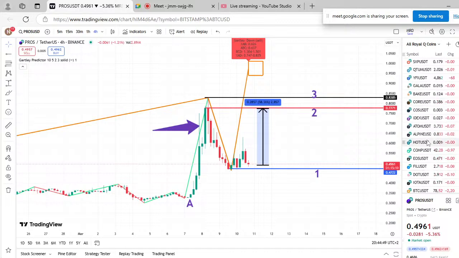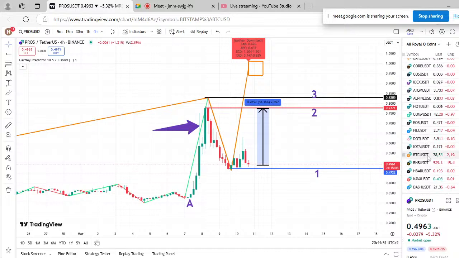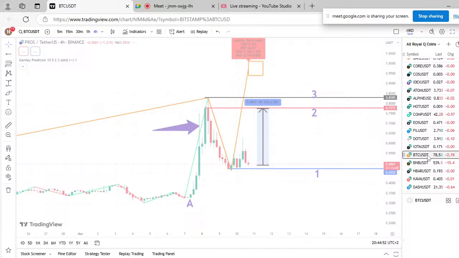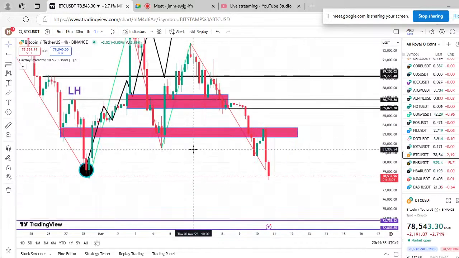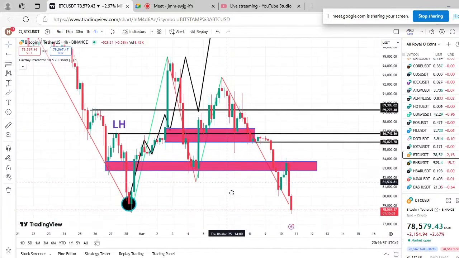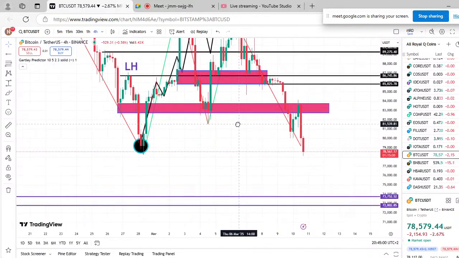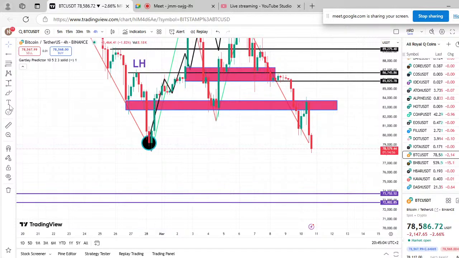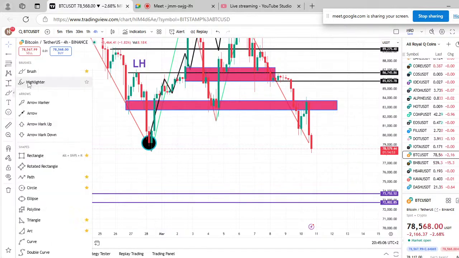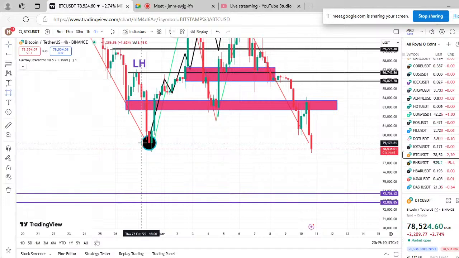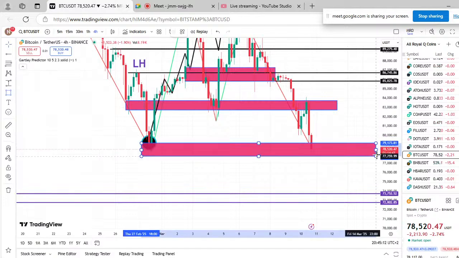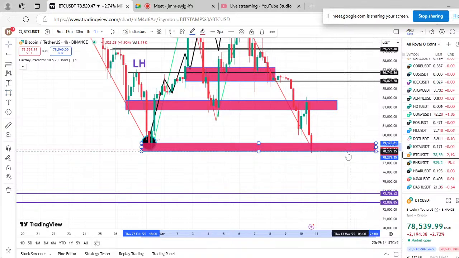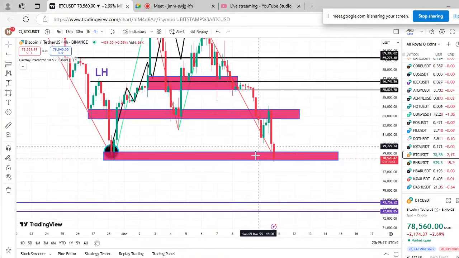So when we look at Bitcoin currently, it is in negative 2. Are you seeing it? So we have only this point that will save us. The market can't drop from nowhere. It will be having a reason.